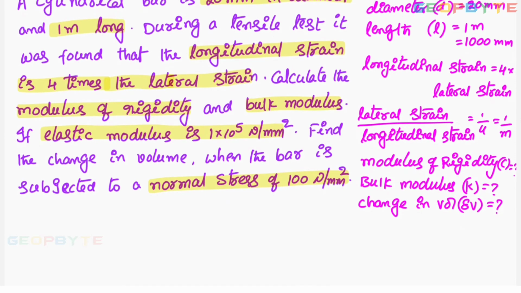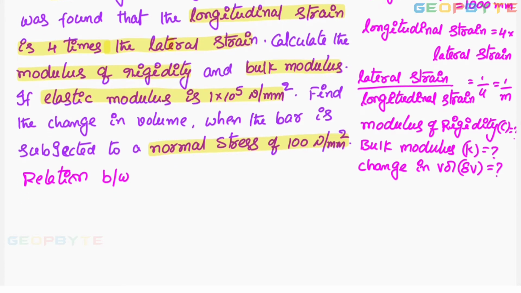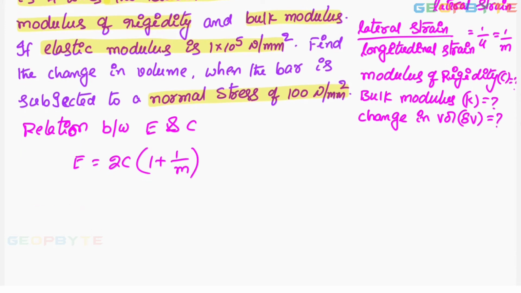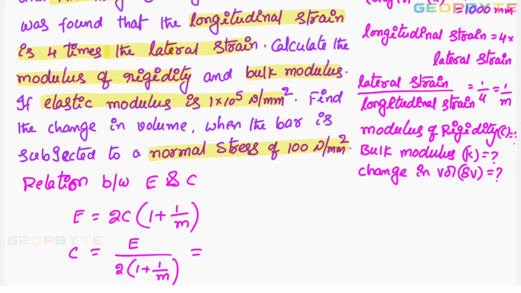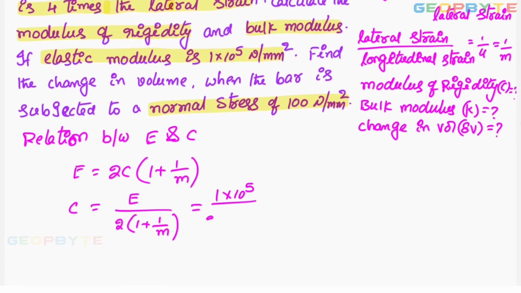Here you know the relation between Young's modulus and shear modulus: E equal to 2C into 1 plus 1 by M. From this, the shear modulus equals Young's modulus by 2 into 1 plus 1 by M. Young's modulus is given as 1 into 10 power 5, divided by 2 into 1 plus Poisson's ratio 1 by M. That 1 by M is given as 1 by 4.